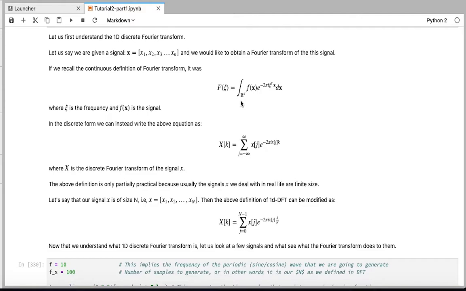Then we can write the discrete Fourier transform as X_k by removing this integral and just summing from minus infinity to infinity. Since our x was discrete, you multiply with a discrete set of coefficients, and that is the discrete Fourier transform.